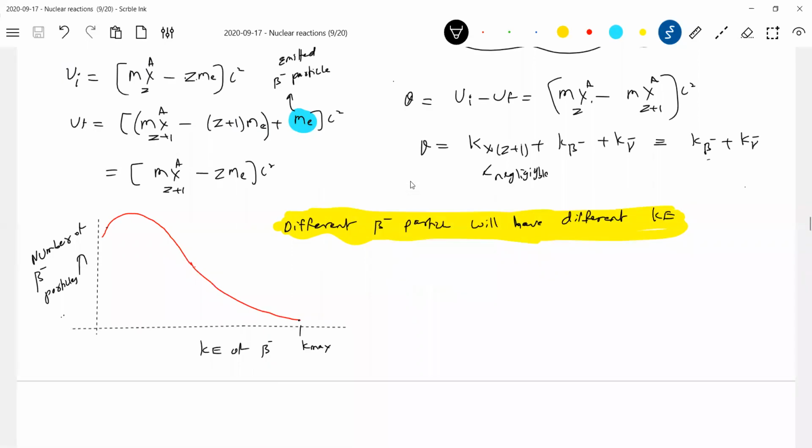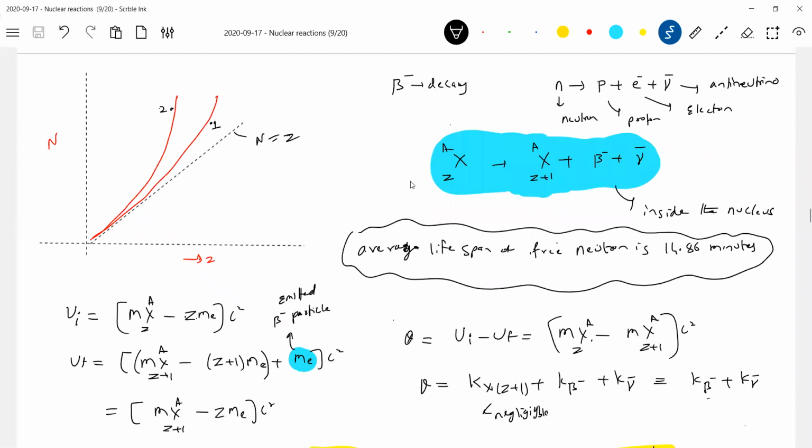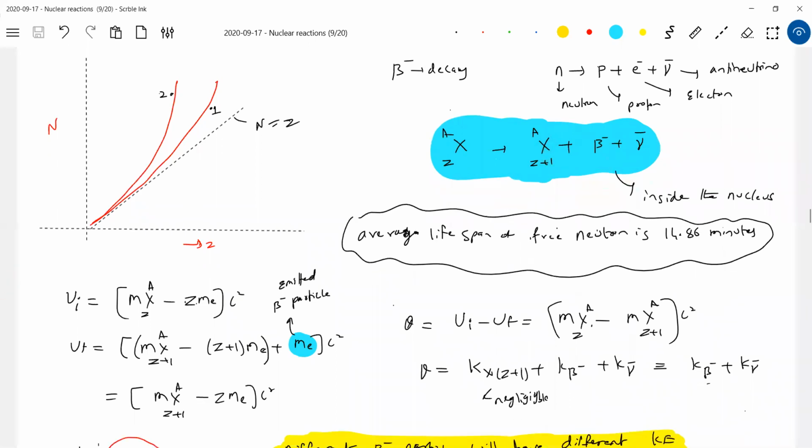These are some theoretical questions they can ask you. It can happen that the daughter nucleus formed is not in the ground state. In that case, it will give out a gamma photon. I think you have this question in SC Verma.